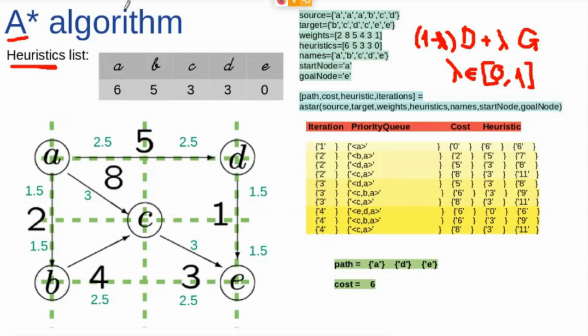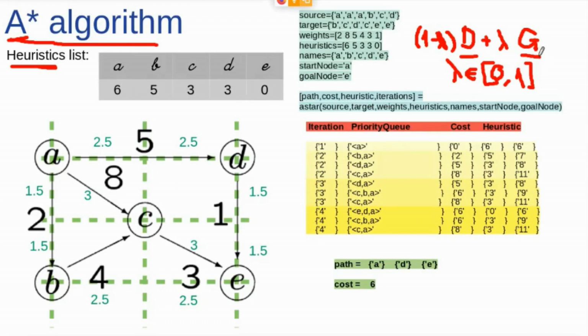So here I will explain simply the A star algorithm that takes into account with the same weight, so lambda equal to, let's say, 0.5, the Dijkstra weights and the greedy weights, right?